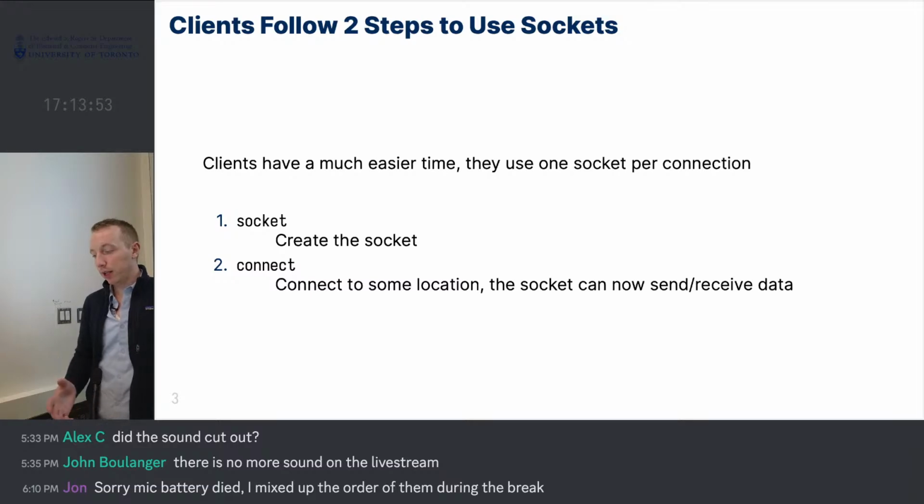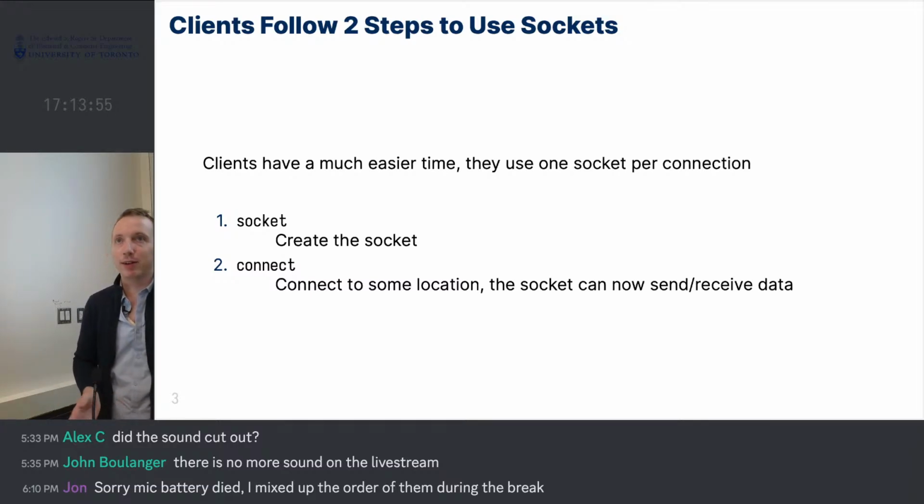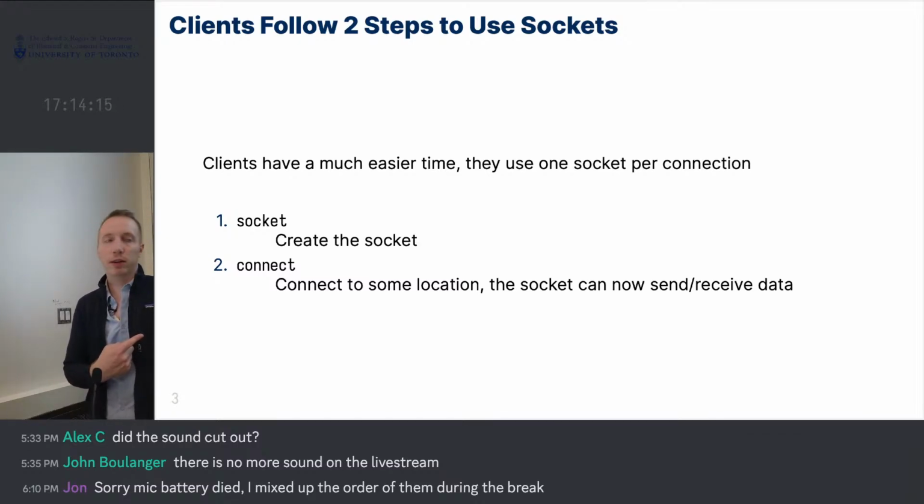So if you're a client, you have 2 steps, much easier time. One connection is just one socket, so you do a socket system call, create a socket, and then you do a connect system call that says what location you want to connect to. So a server needs to be listening on that same location in order for the connection to be successful. Otherwise, you will get an error.